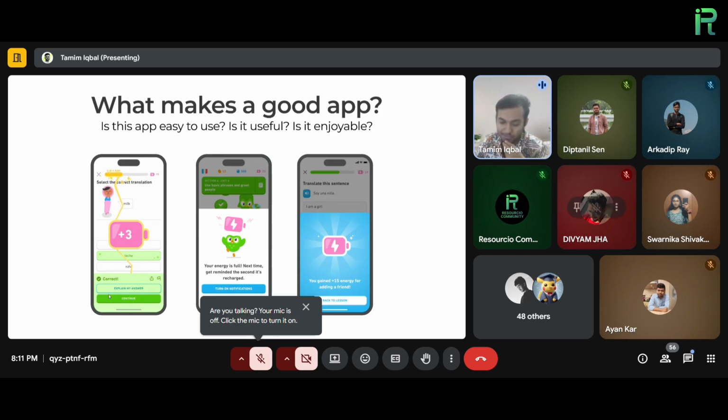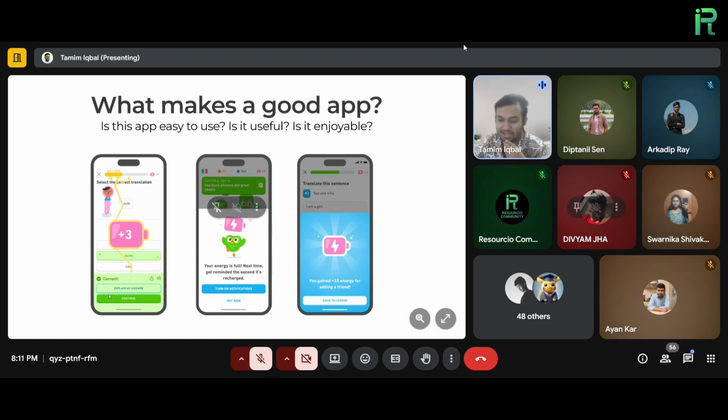Is it useful? Yeah. So let's say you make an app, like everyone has an idea, right? So you make an app, it looks beautiful, and it sounds very good in a hypothetical sense, but are users finding it useful, or is it solving a real world problem?